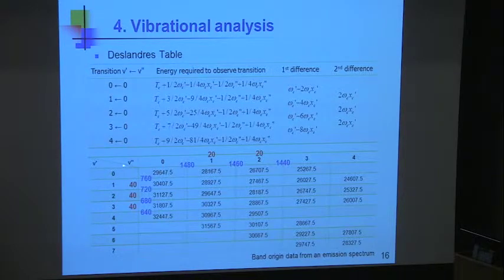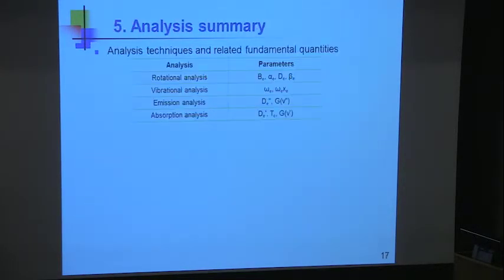You look and see, you take this difference, it's 1480. This difference is 1460, 1440. Difference between these, 20, 20. Do it this way, 40, 40. So I've immediately got everything I need to know just from the positions of the band centers in the spectrum. Okay, to summarize.